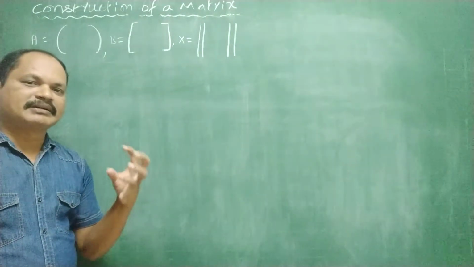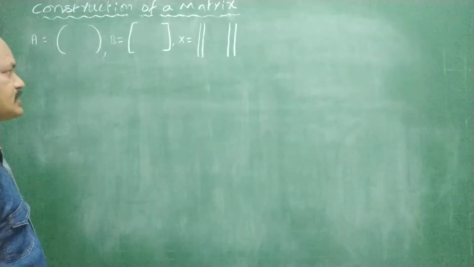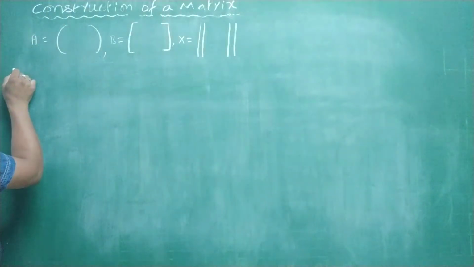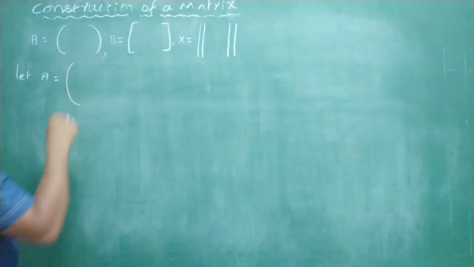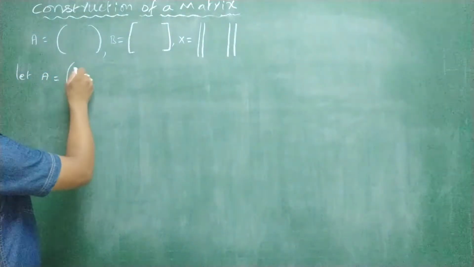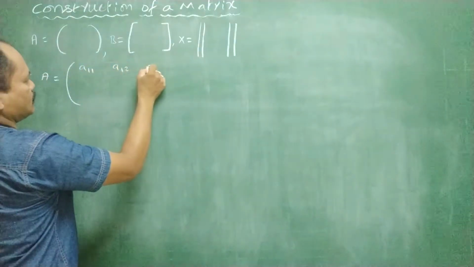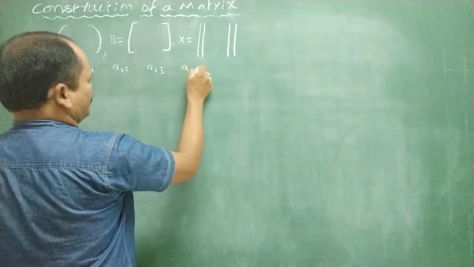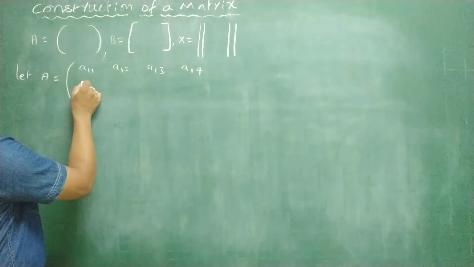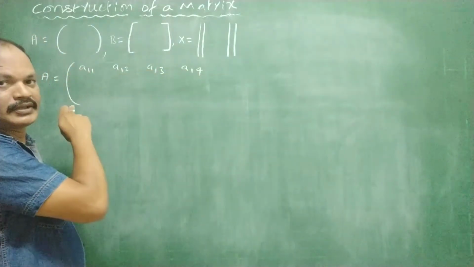Now elements in the matrix are represented by small letters. Example: suppose we take a capital A matrix, with a11, a12, a13, a14. That means here is the first row.